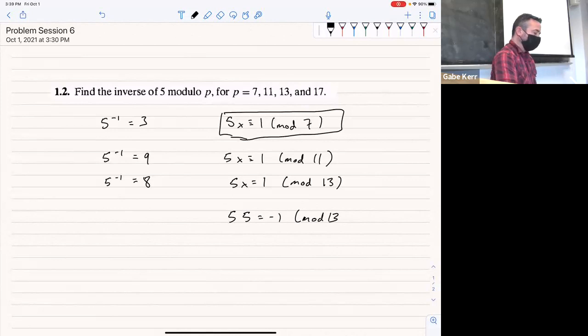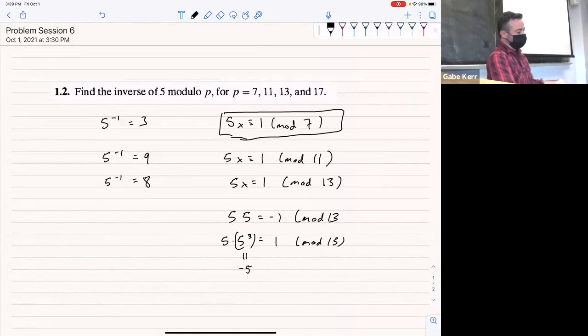So if I square everything, I get 5 times 5 times 5 times 5, which is 5 cubed, is 1. So now I've got my inverse. Now I just need to simplify it. 5 cubed is negative 5, because 5 squared is negative 1. And negative 5 is 13 minus 5, so that's 8.